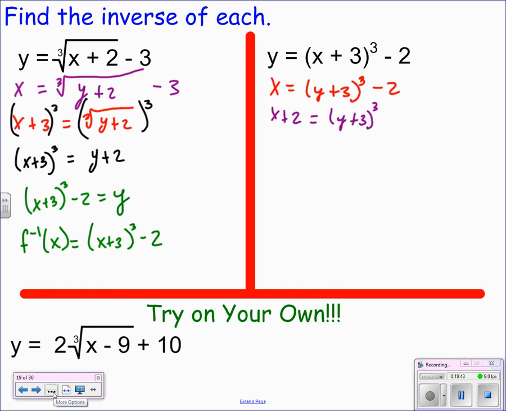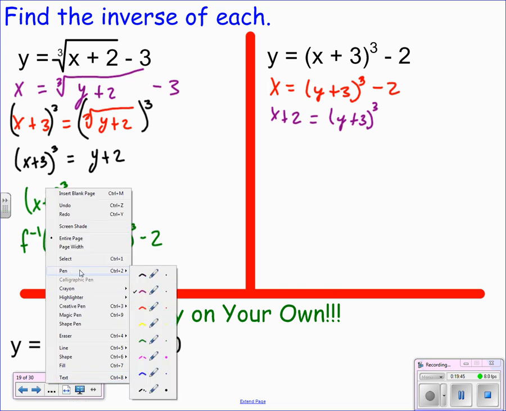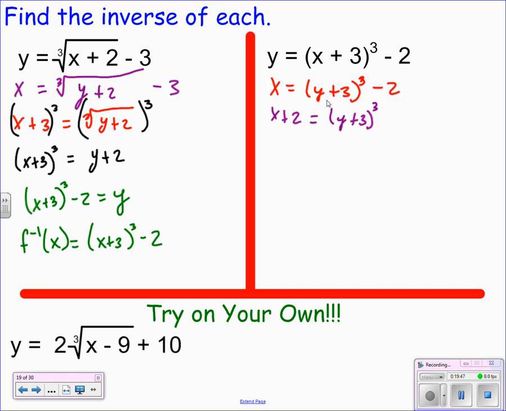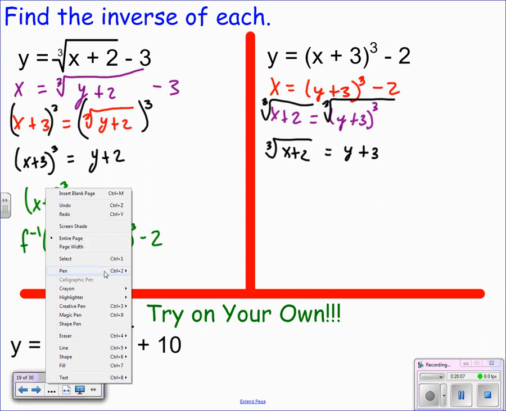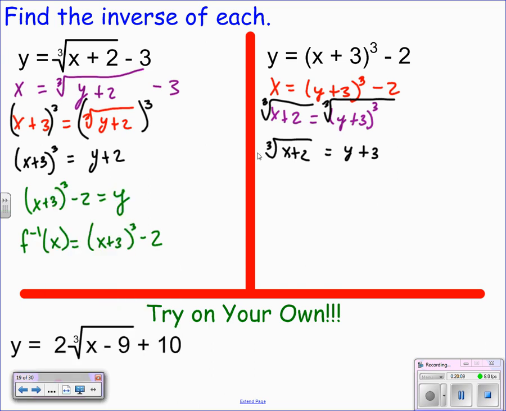Now to get rid of the parentheses and the power of 3, I need to use the cube root on both sides. So on the left I have the cube root of x plus 2, and on the right, I just have y plus 3. And now I will subtract 3 from both sides to get my final answer.